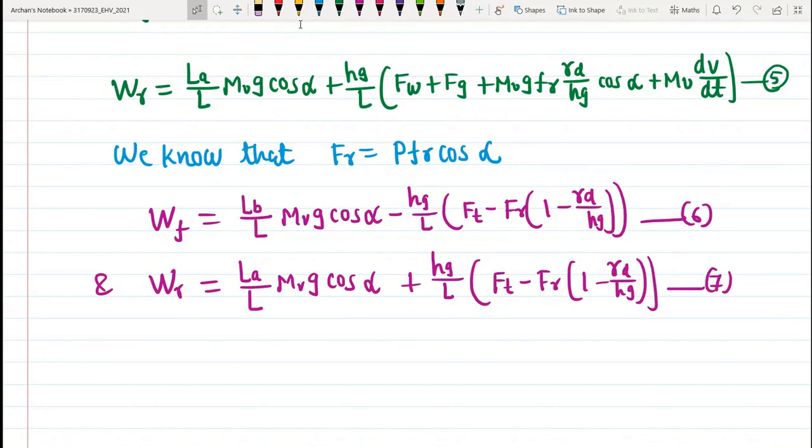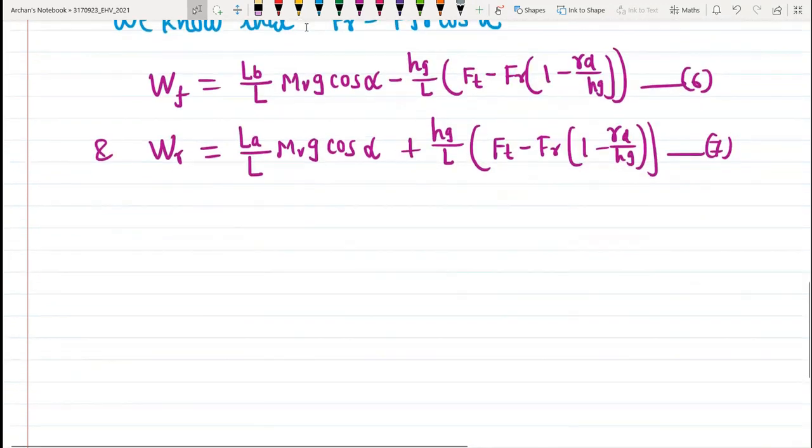Here I have considered Ft. This total tractive force Ft is nothing but Ftf plus Ftr. This is the total tractive effort of the vehicle.